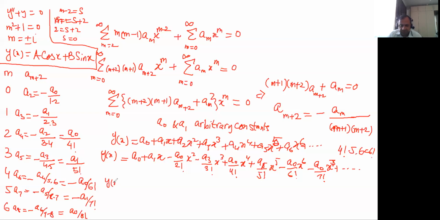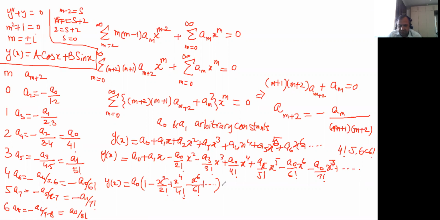So y of x is equal to, now we can take the a naught terms as common: a naught into, taking a naught from here, 1 minus x square over 2 factorial, and then plus x power 4 over 4 factorial, and then minus x power 6 over 6 factorial, and so on.